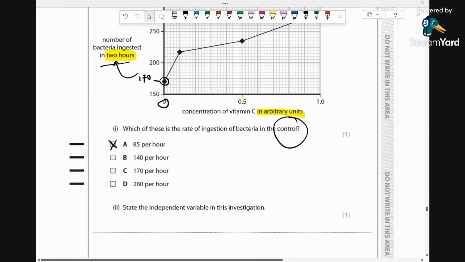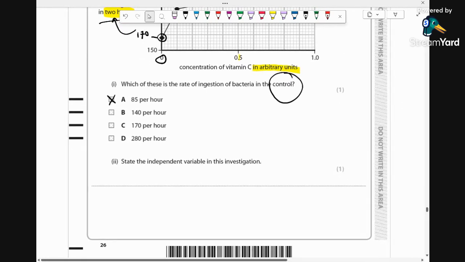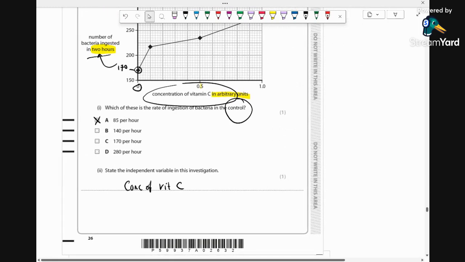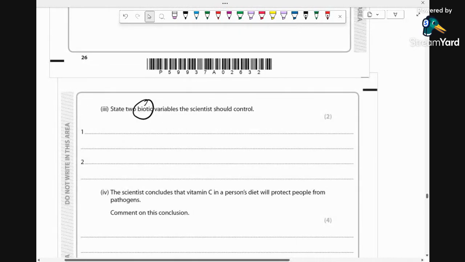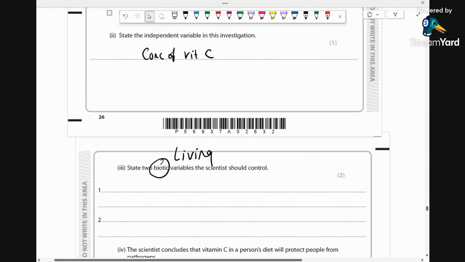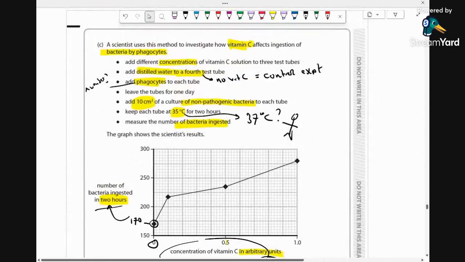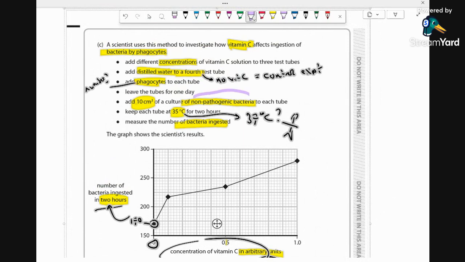State the independent variable in the investigation. Well, that's the concentration of vitamin C, because that's what we're changing. Independent variable on the x-axis, of course. State 2 biotic variables. Okay, so biotic is living. So what living things do we need to control? So we need to look back up here. I think the obvious one is the number of bacteria and the species of bacteria that have been added here.